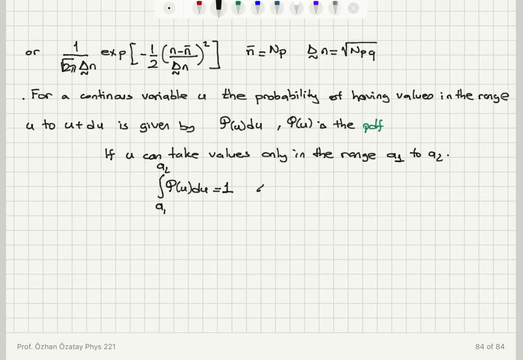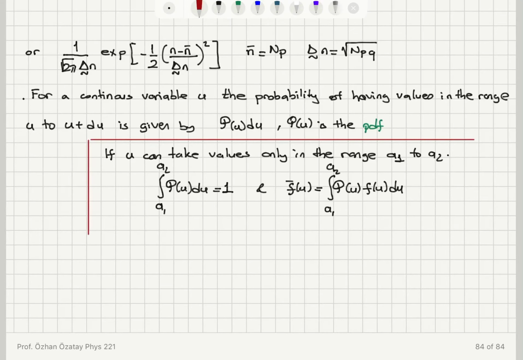That's the normalization condition. And if I have any function of u, and I want to know its average value, I need to go over all possible values of u, multiplied with the probability distribution function, f of u du. So this is basically generalizing the ideas that we have introduced to continuous variables that are in a range.